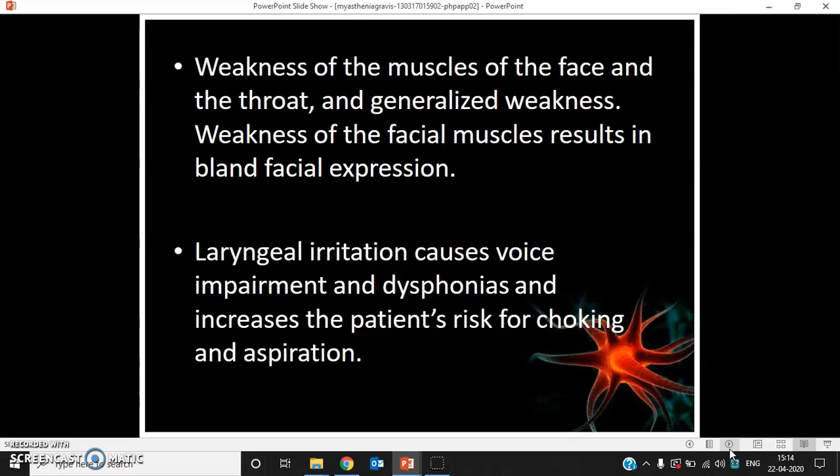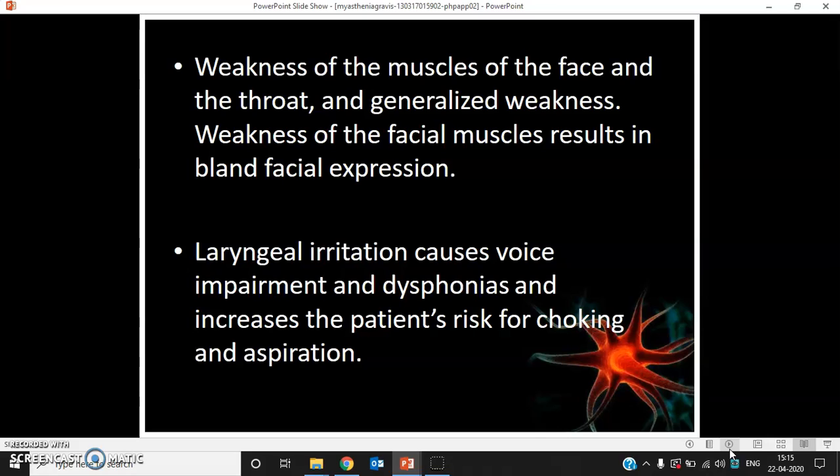If you have seen such a patient in the hospital as well, in myasthenia gravis the expression will be blunt. Laryngeal irritation will cause voice impairment, obviously, because these are all muscles. When we are stretching, the tongue is also a muscle. If we are not involving it or the receptor sites are damaged, we are not able to pronounce words appropriately.